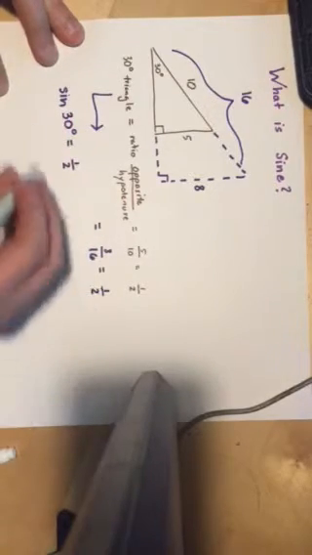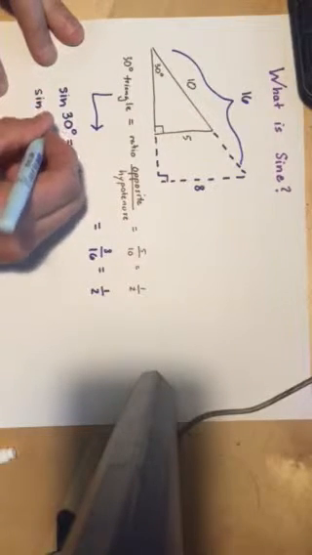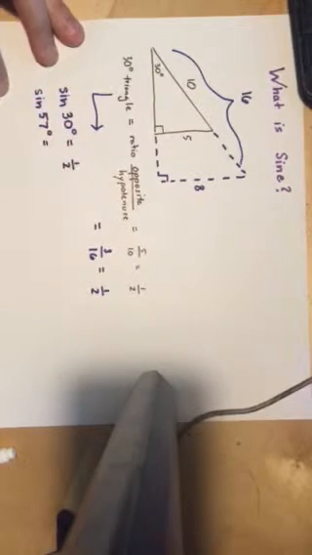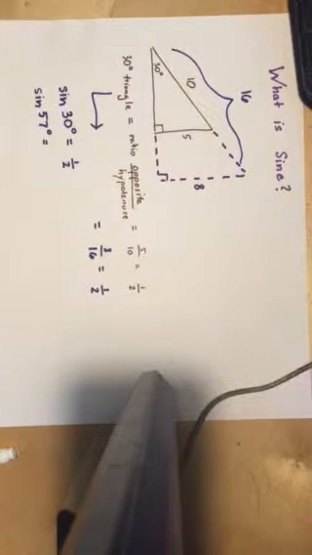So I could give you something like the sine of a 57-degree triangle. If you have a calculator, you can pull it up and take a look. My calculator's dead, but you can type in sine of 57 degrees.